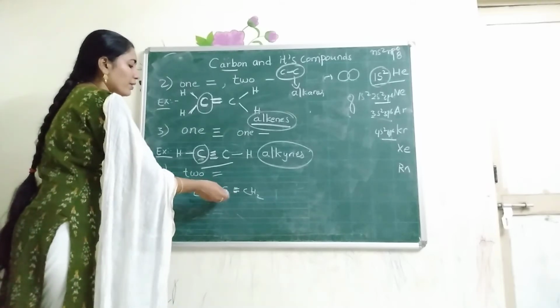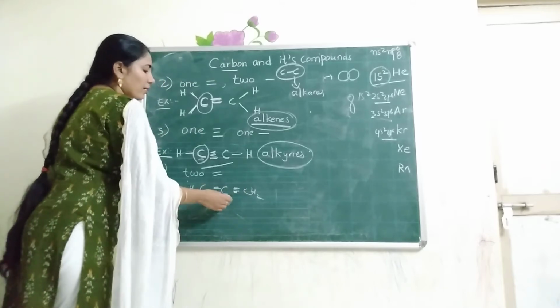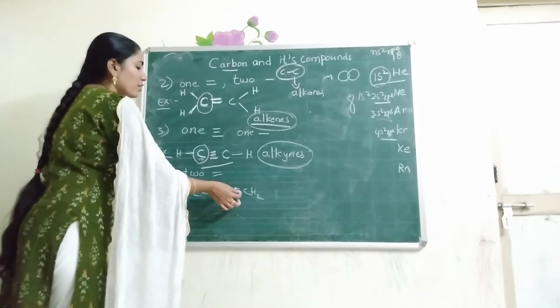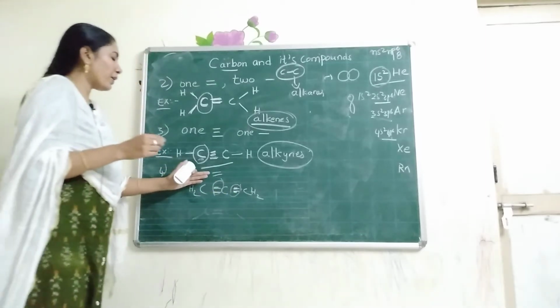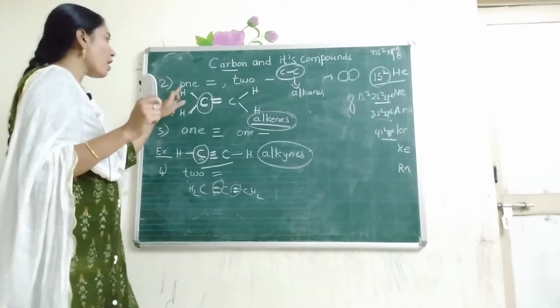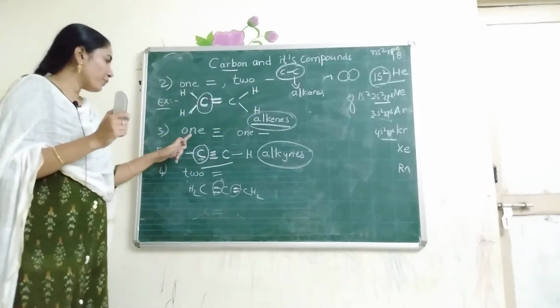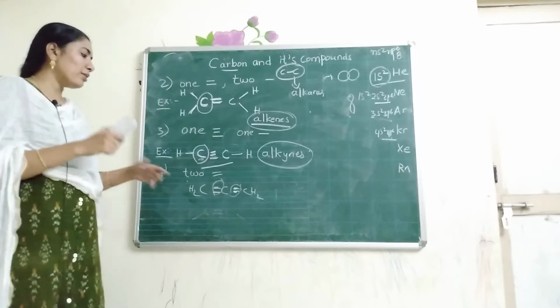So here the carbon forms 4 covalent bonds, and these are double bonds. So the carbon can form 4 single covalent bonds, or 1 double bond and 2 single bonds, or 1 triple bond and 1 single bond, or 2 double bonds.